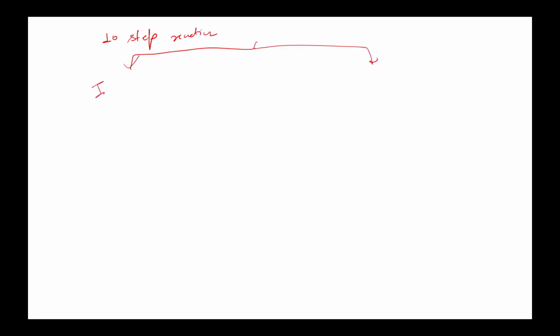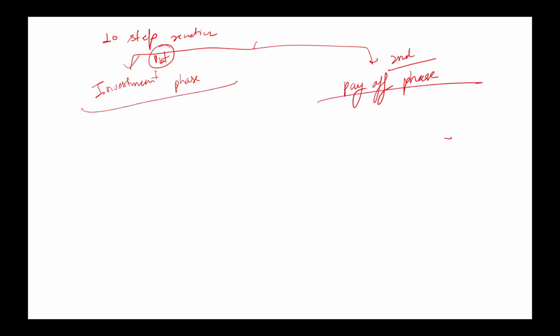One will be our investment phase, which is our first phase, and the second phase, which we can say is our payoff phase. Investment and payoff. From step 1 to step 5, we have our investment phase.